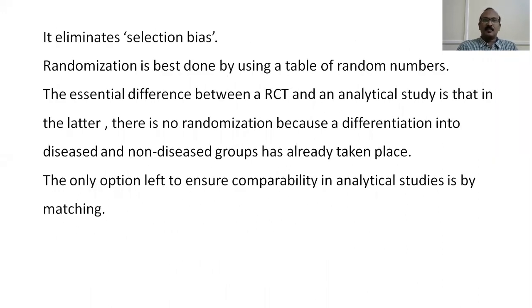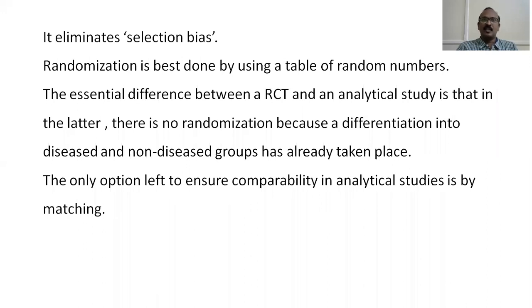It eliminates selection bias because the experimental group is divided into experimental group and control group by means of a random number table. So we do not select specifically who should be in the experimental group and who should be in the control group. In that way, the bias is avoided. So randomization helps in eliminating selection bias.